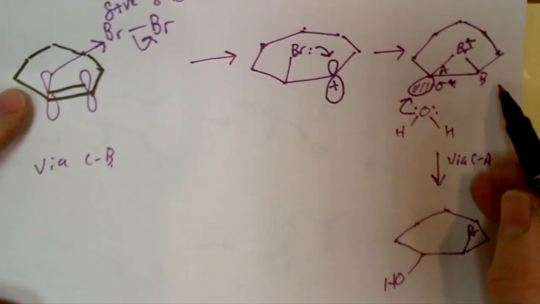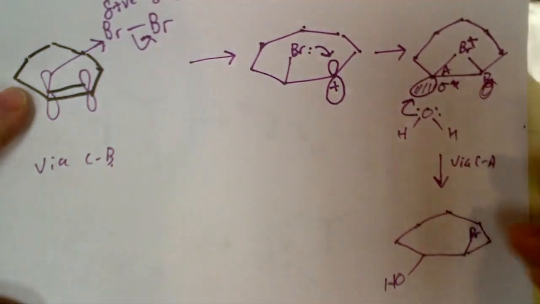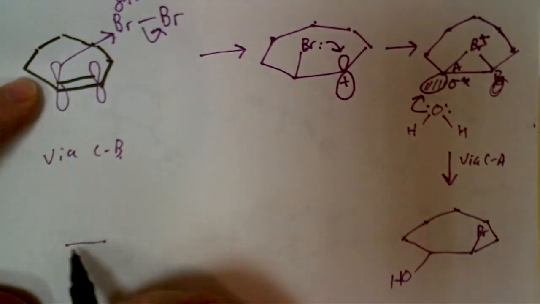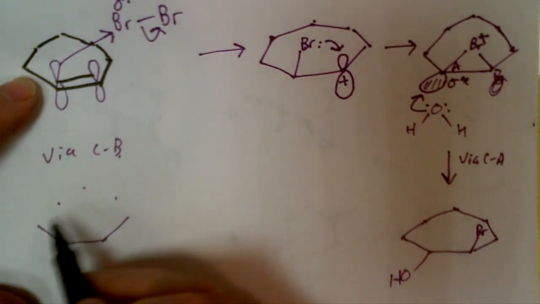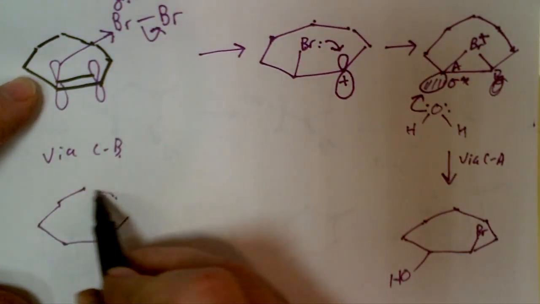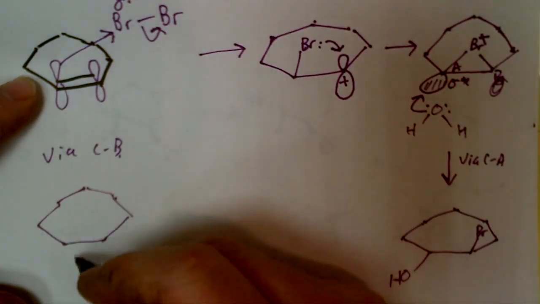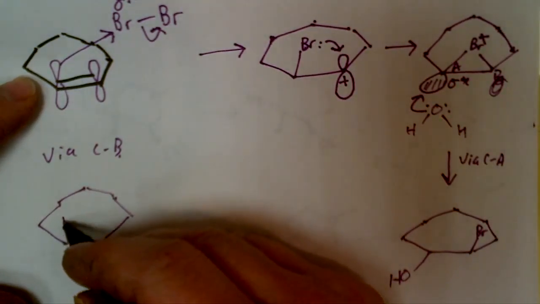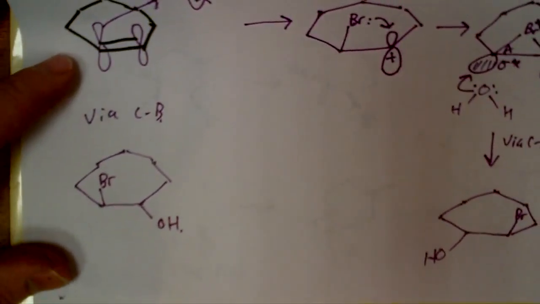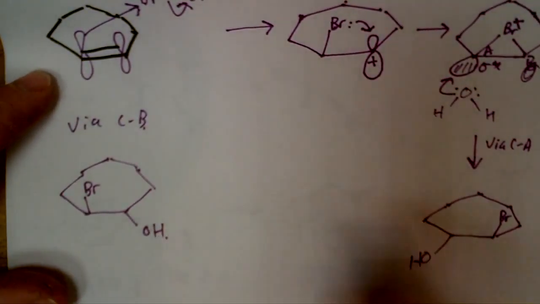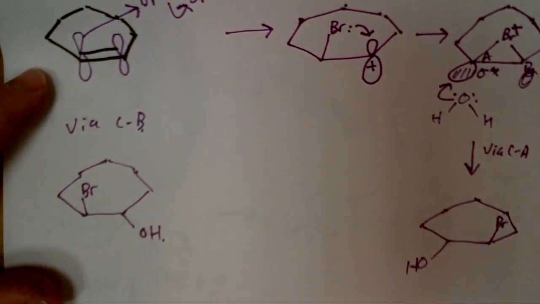Again, attack the antibonding orbital lobe here. We would have these two systems as our products.